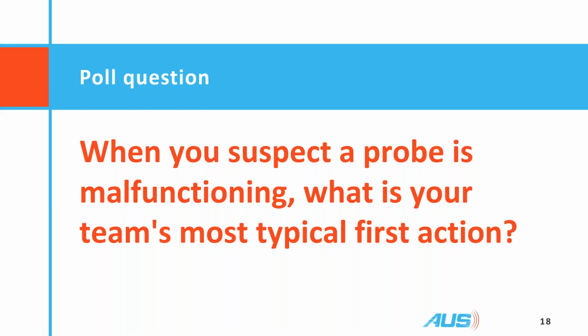If the image quality stays the same in multiple ports, try moving it to a different system and see if the image quality issue follows the probe, or take a probe from a different system and put it on the one and compare the two probes. Does one have the issue and the other doesn't? That clearly points to a probe issue, which should result in it being sent out for repair evaluation.